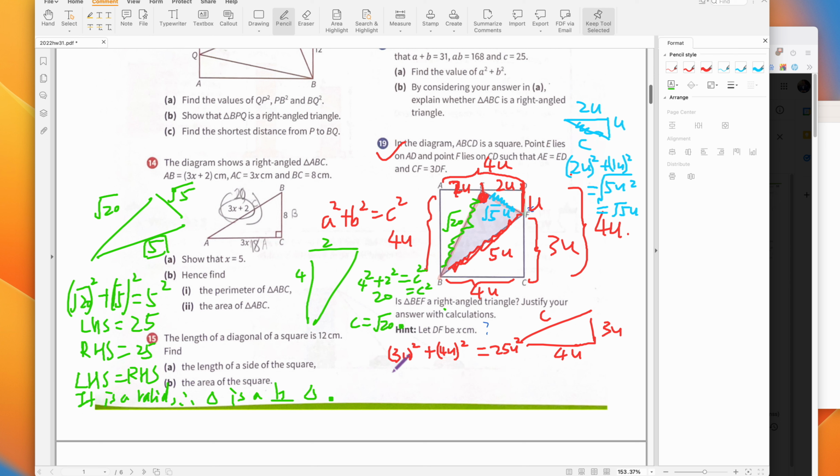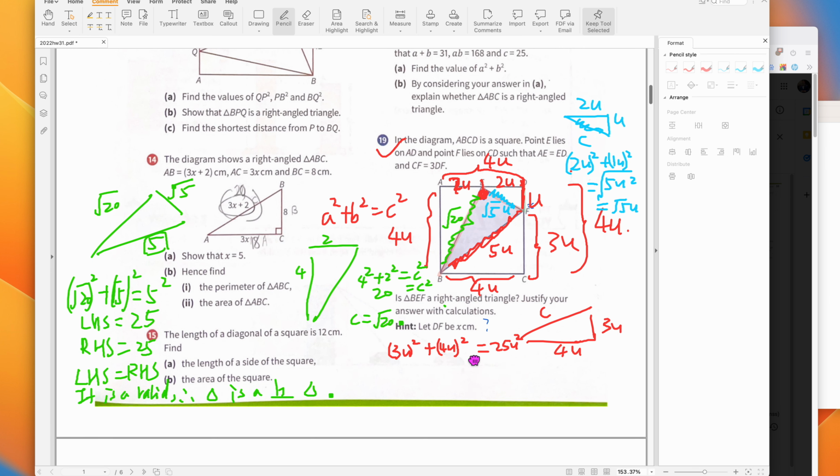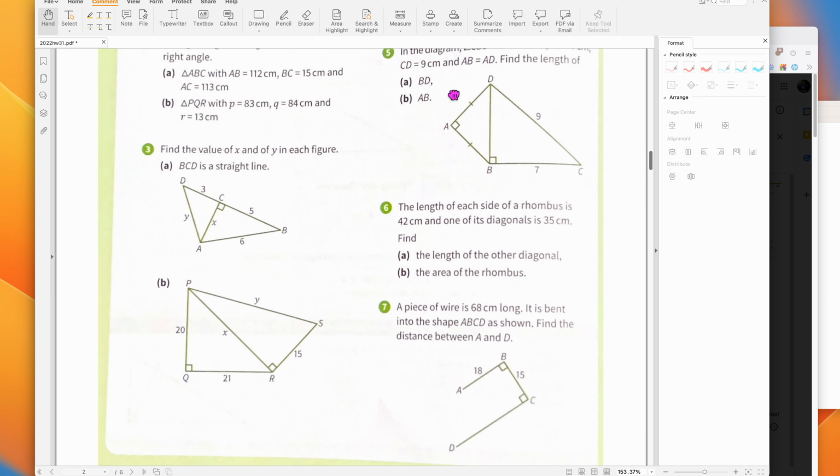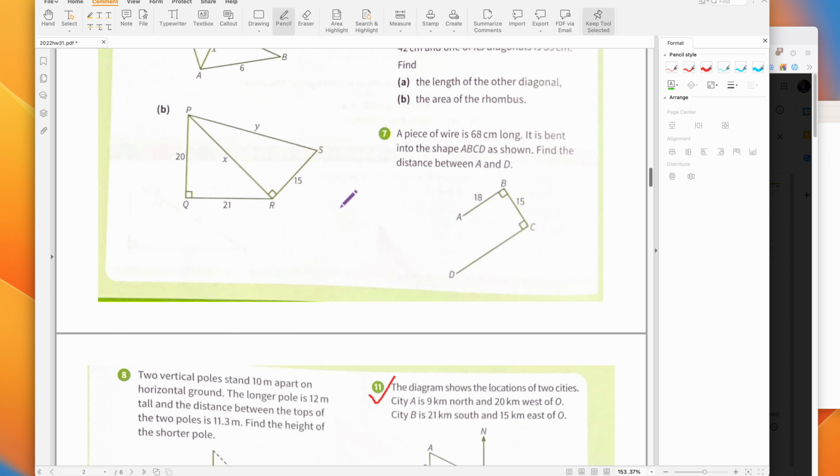You remember just now the question? Just now the question is they give you everything. They give you maybe 3, 4, 5, then they ask you whether this is a right angle triangle. Remember? They give you all the sides.